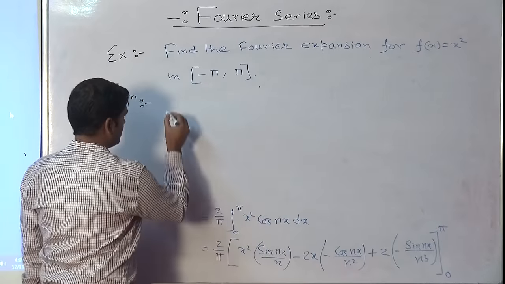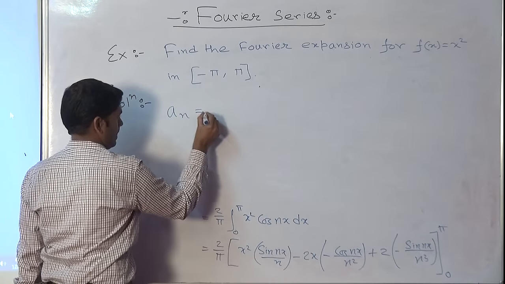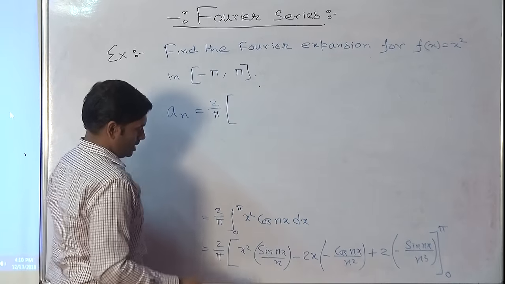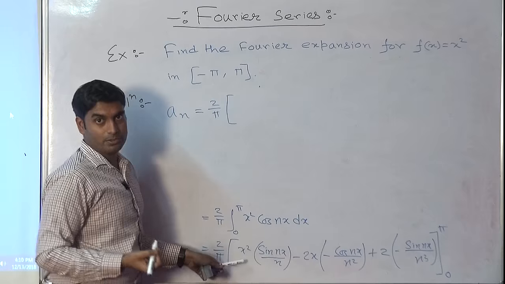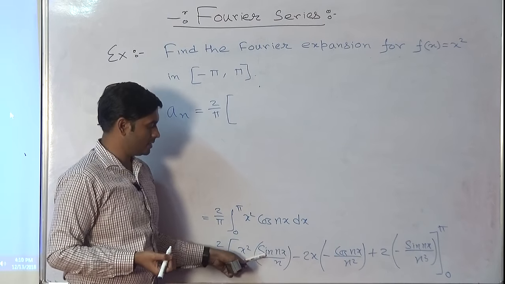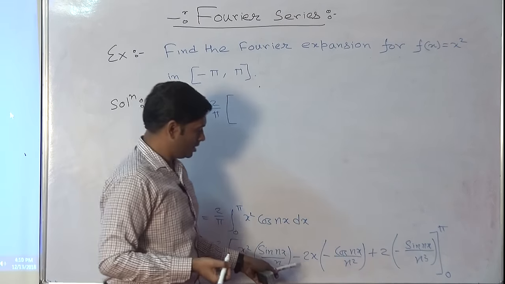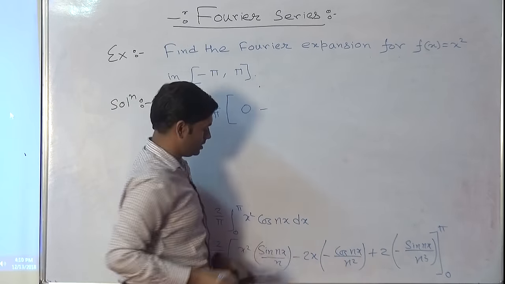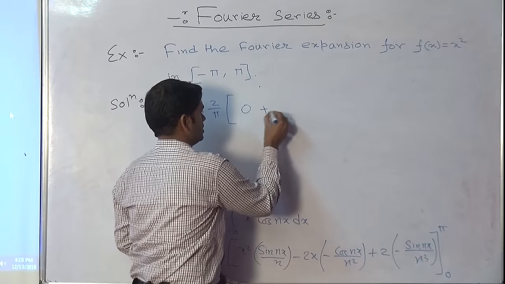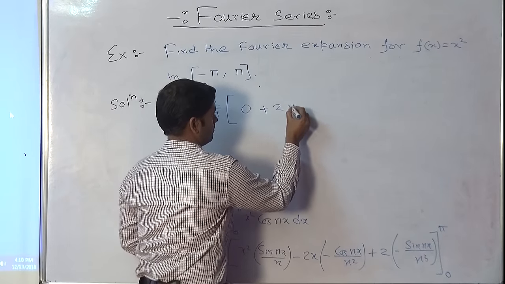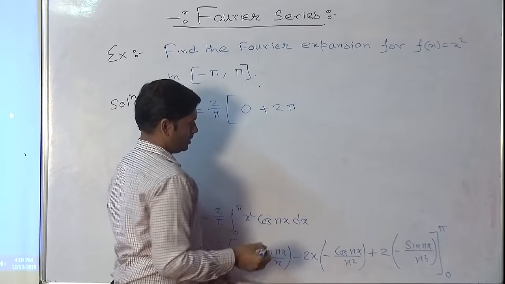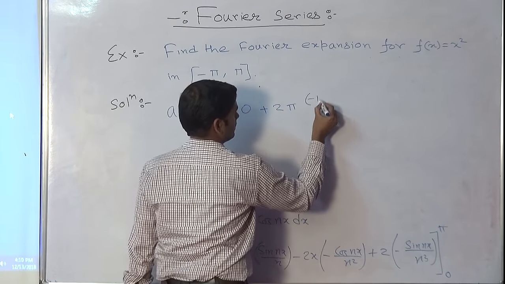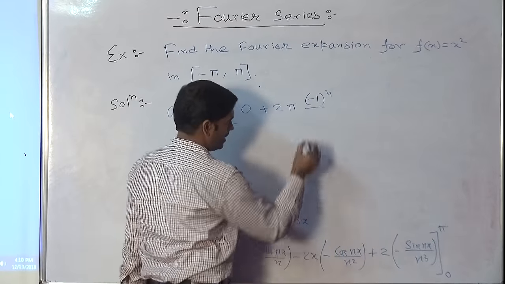Now you put the limit, therefore an will be 2 by pi, that is already there. Now if we put pi, it will be pi square sine of n pi, that is 0. Second part is minus and minus, so this is plus, 2x is pi, and cos of n pi, that is minus 1 to the power n, and by n square.